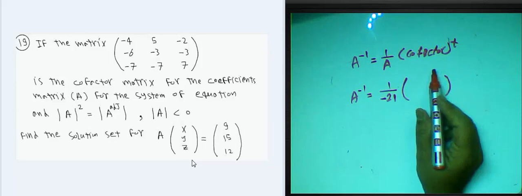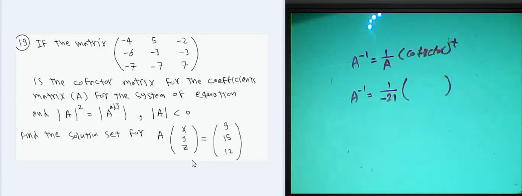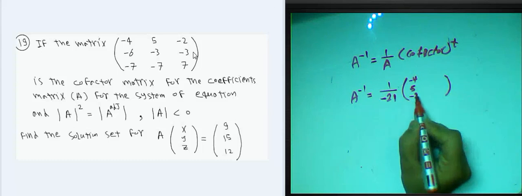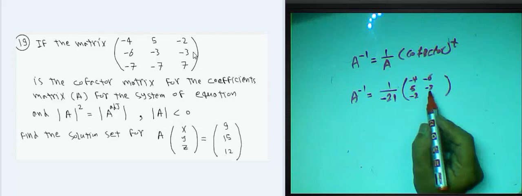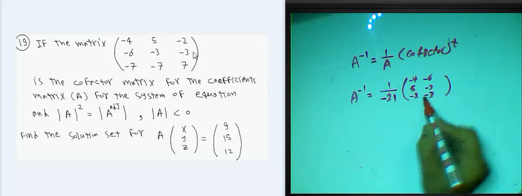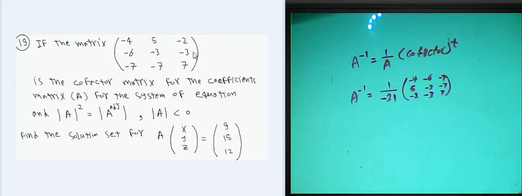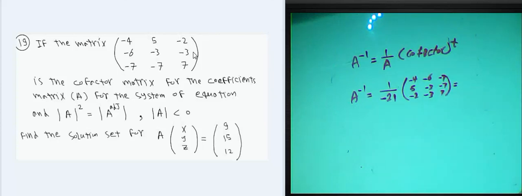We can write this matrix: -4 and 5 and -2, -4 and 5 and -2 and -6, -3 and -3, -7, -7 and 7. We can write it in the simplest form.